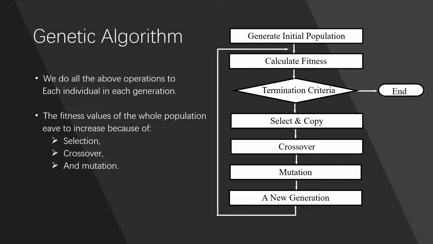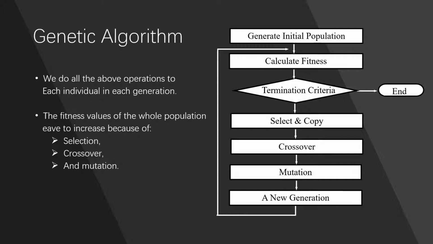Okay, finally we covered all the steps in the flowchart. And let me stress the most important thing again, because we need to get the idea of why this algorithm works. Basically, it's because of these three steps listed here: selection, crossover, and mutation.